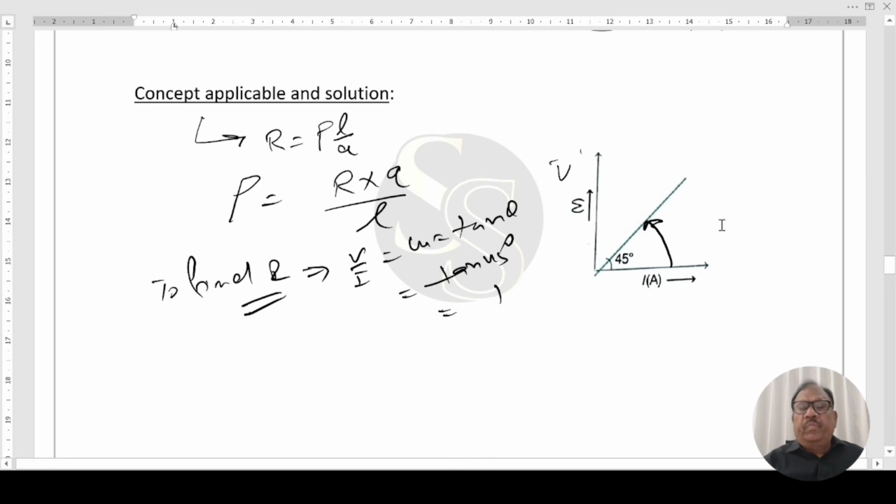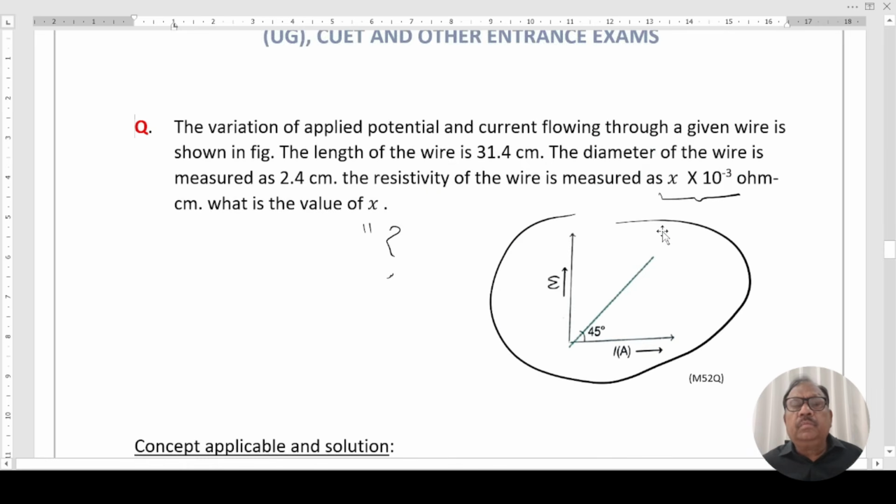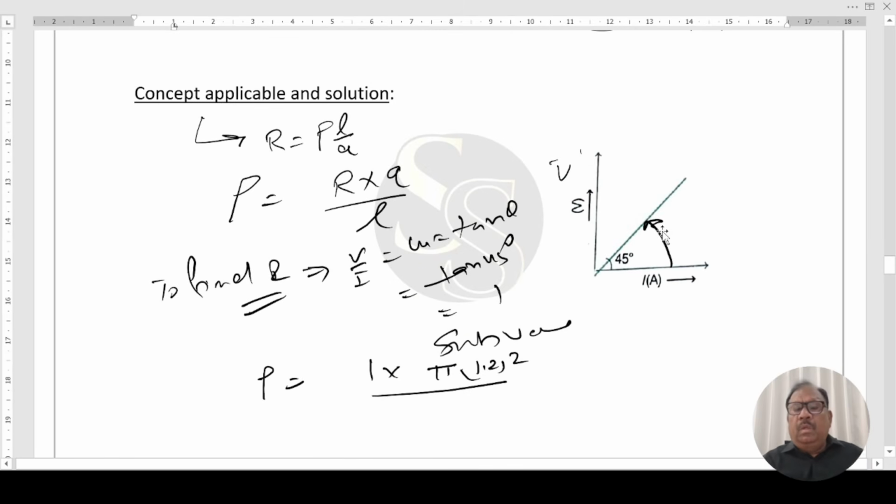Substituting values. Rho equal to R into pi r square, 1.2 whole square divided by 31.4.